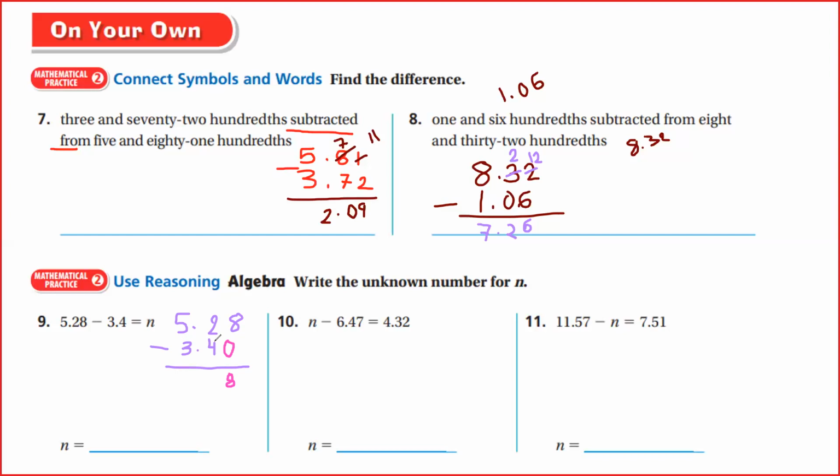Can you take 4 apples from 2? No. So what do you have to do here? This 5 will be 4. Bravo. And the 2 will be 12. 12 minus 4. Okay, teacher.